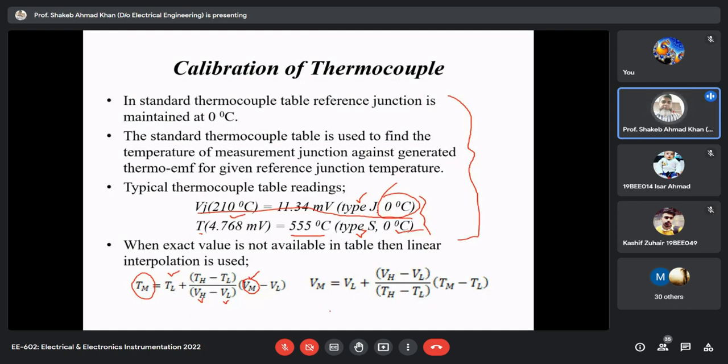And vice versa, if you know the temperature and wish to know the corresponding voltage from the table, you do the same thing. Both are similar. The only thing is that in the first case y is temperature, in the other case y is voltage. If anybody has any question regarding this, you can ask, please.